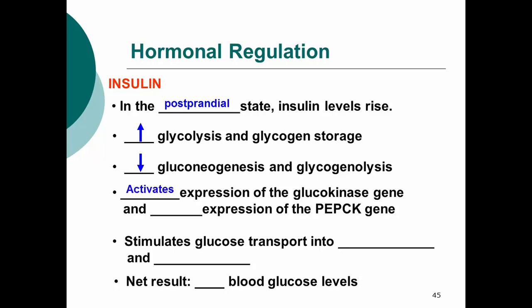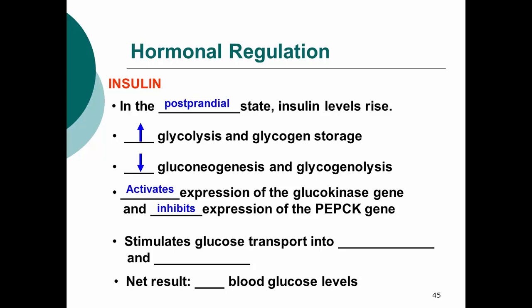Could increase, right? So insulin activates or increases the expression of the glucokinase gene. And what about the PEPCK gene? PEPCK is the key enzyme in gluconeogenesis, right? So how would insulin regulate it? Decrease, right? So insulin inhibits PEPCK gene expression.